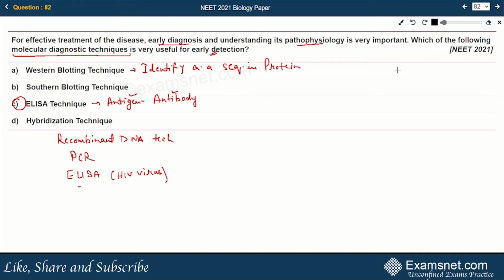On the other hand, Southern blotting technique is used to identify specific sequence of DNA. Okay. So these are not related to the molecular diagnostic techniques.